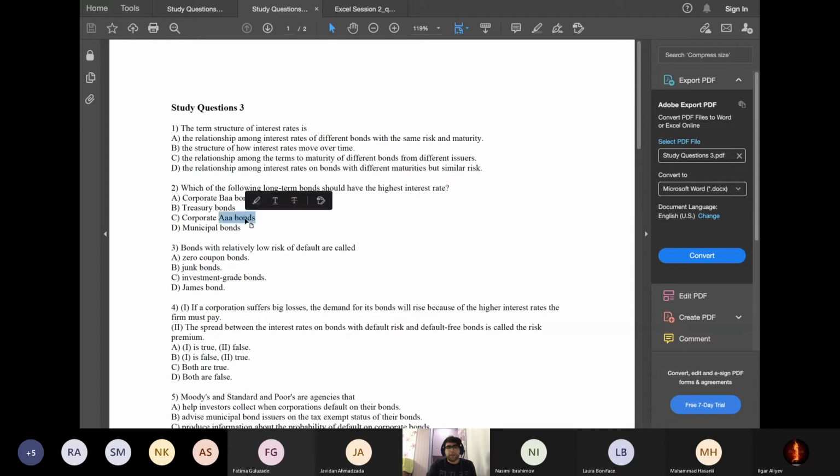Corporate AAA is safer or less risky than corporate BAA because BAA has a B grade, but AAA doesn't have a B grade. All of them are AAA. So therefore, corporate BAA has a little bit more default risk to go bankrupt. So corporate BAA bonds should have the highest interest rate among corporate AAA bonds and also treasury bonds.